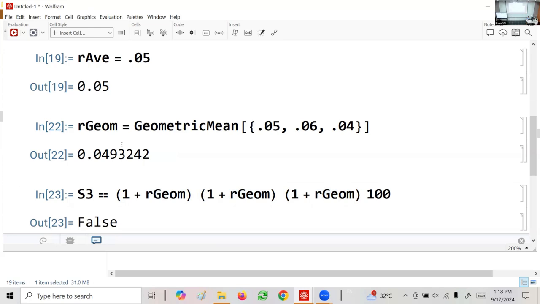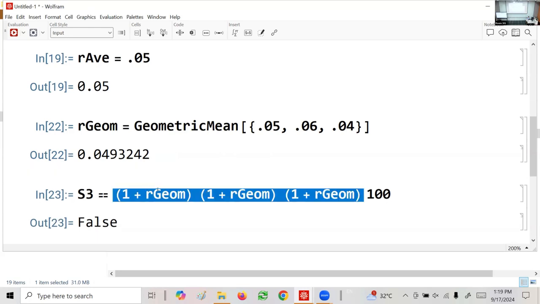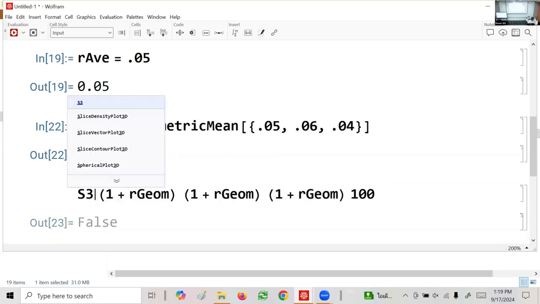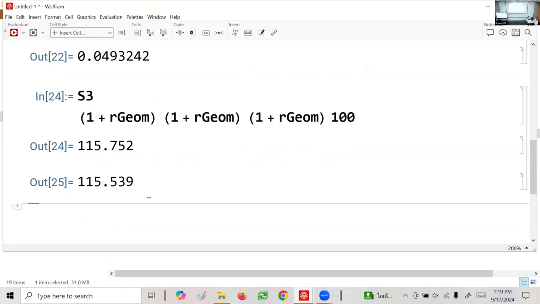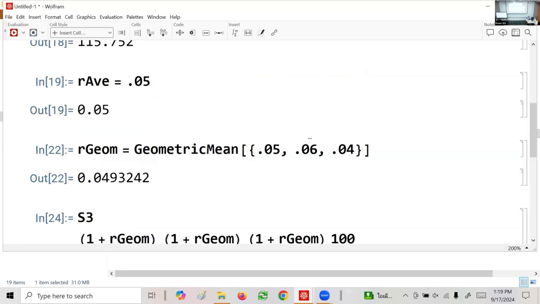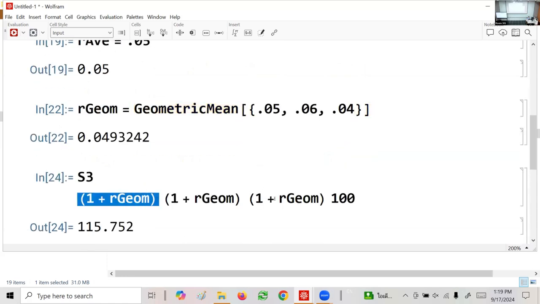It should be close to correct. I made a little, it's actually a little bit more complicated than that because it's geometric mean of this thing.